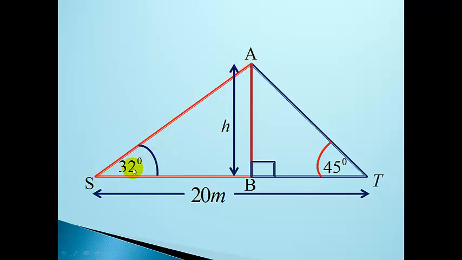That is the angle of elevation. And the angle of elevation from T of the top of the tower is 42 degrees. Now from the question, S and T are on opposite sides. That is why S is on the left hand side of the tower AB and T is on the right hand side of the tower AB. Now let's see how best we can find the height.